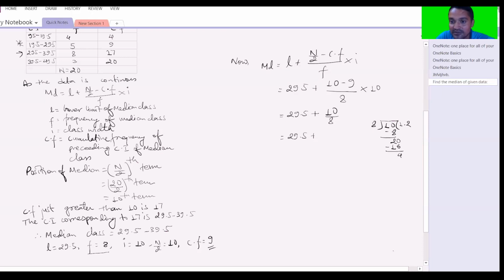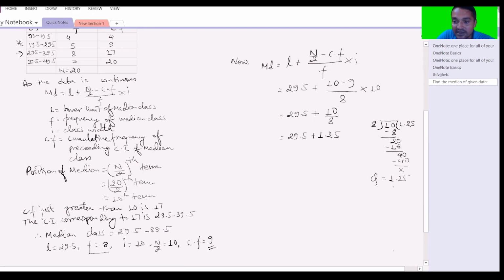Then we can keep a 0 at each consecutive step, so 40. Then 8, how many times? 5 times, it is 40. See, the quotient is 1.25. So 10 divided by 8 is 1.25.